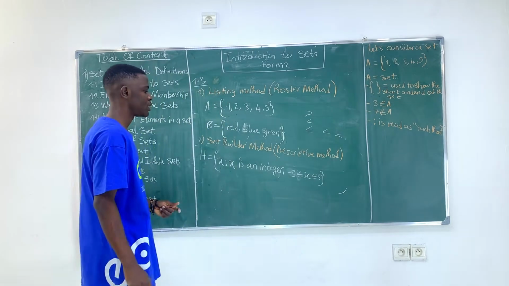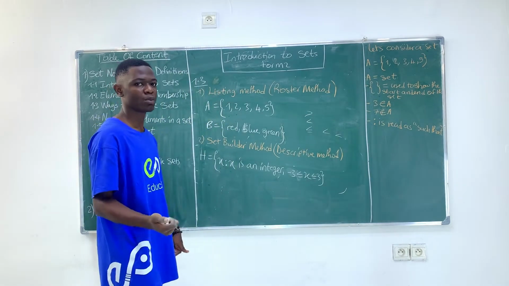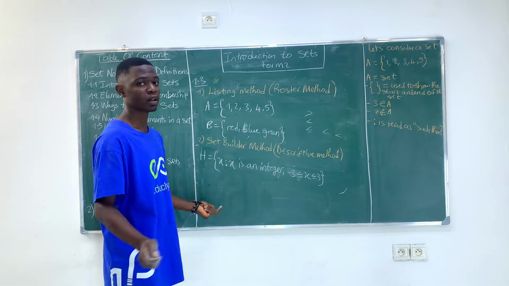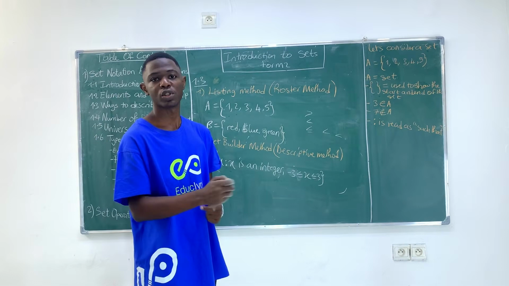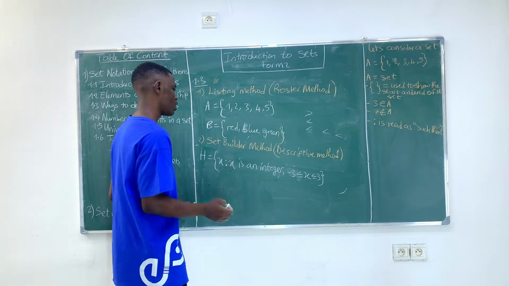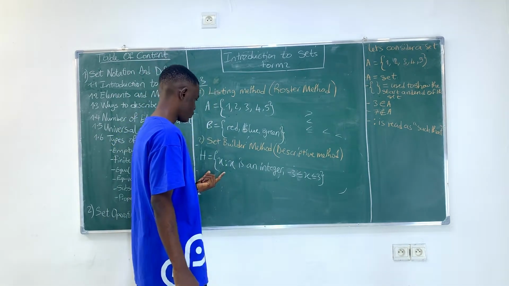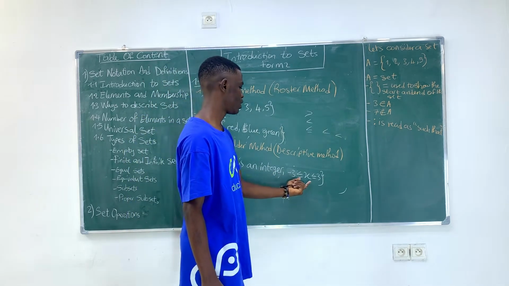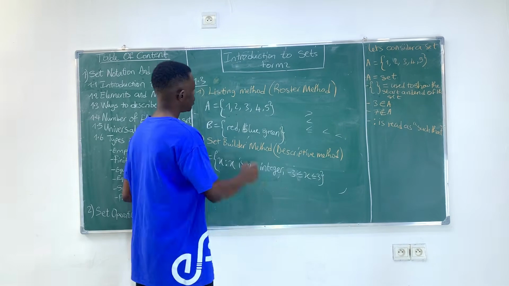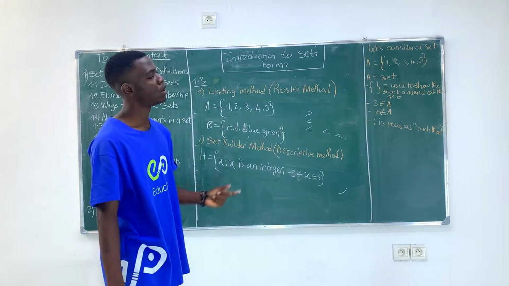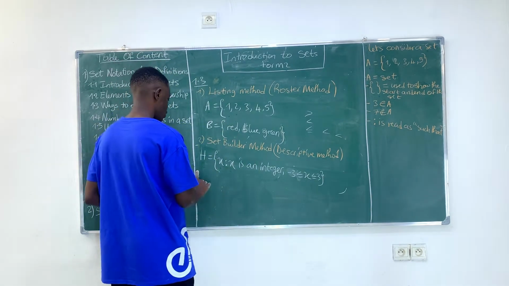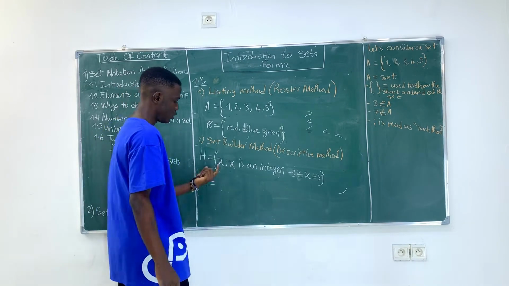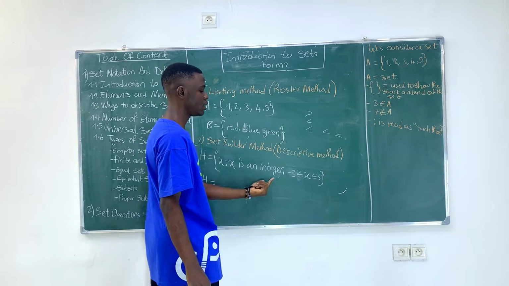I'm sure you know what an integer is. An integer is a whole number which is not a decimal. It can be positive or negative. So when you say x is an integer in between -3 and 3, how do we represent it in the listing method form, or the roster method? I'm going to say H is equal to x, where x is an integer.